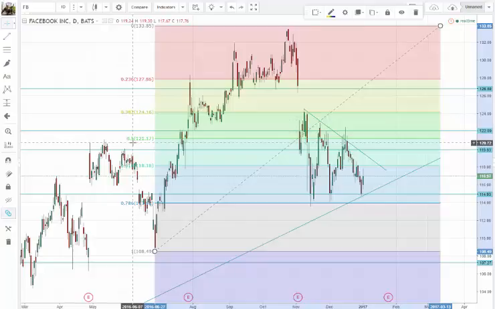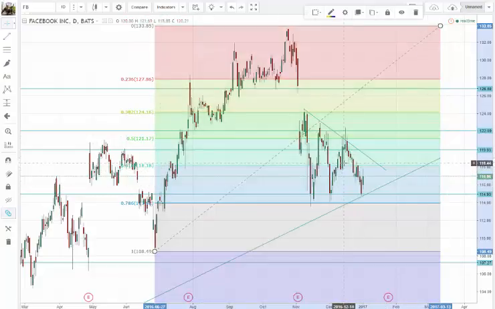The 50 broke pretty easy. Not much respect for the 50. Well, here we see a lot of spikes, so I think there was some respect for that level. Same goes over here, the 61.8 level, which we can see that price struggled here a couple of times in the recent days.